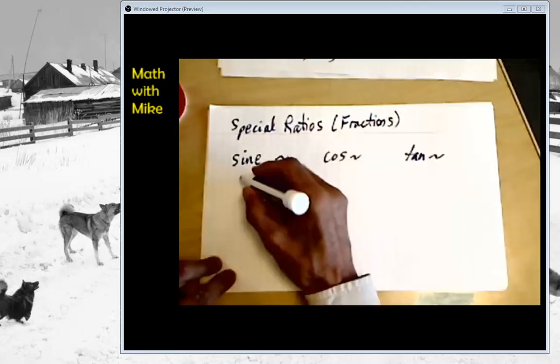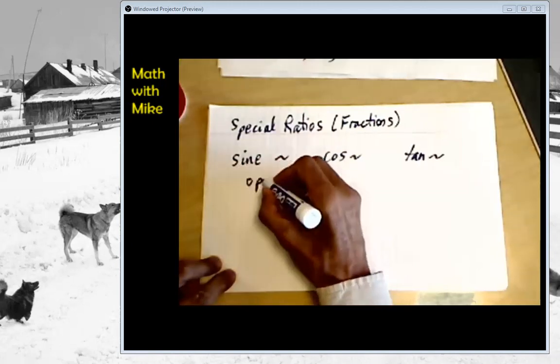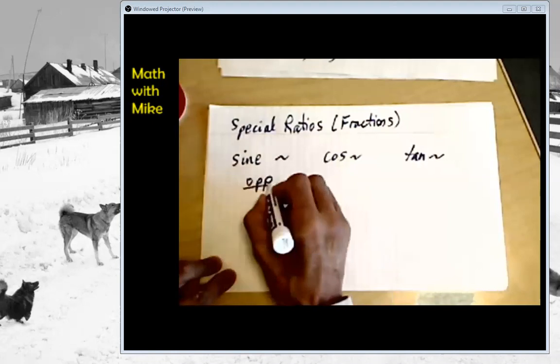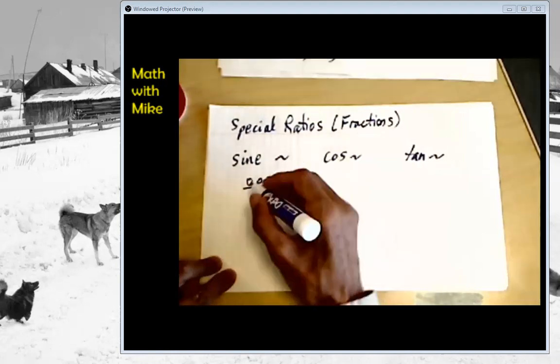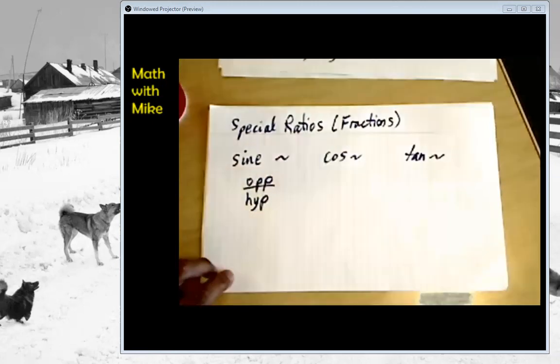Sine is always the opposite side divided by the hypotenuse there.